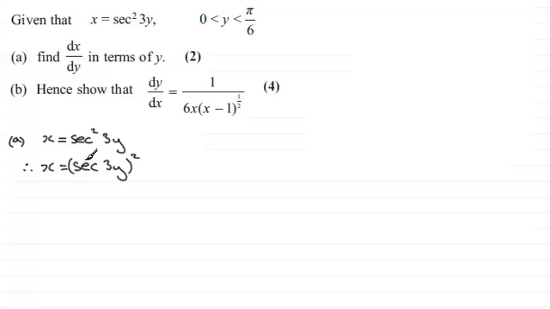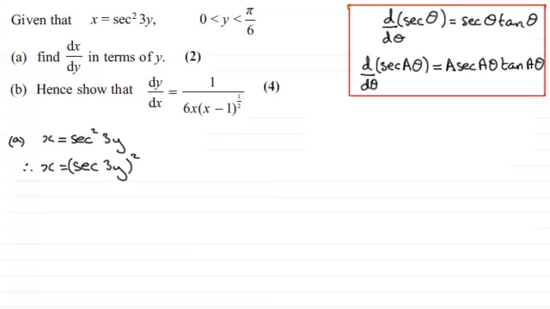You've got to be familiar with differentiating sec of an angle. And I've just given you here something that you should be familiar with. If not, you generally find these results in your formula book. Check it out, okay? That d by d theta of sec theta is equal to sec theta tan theta.